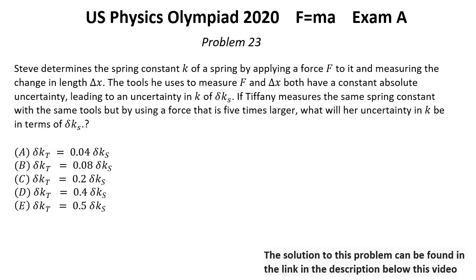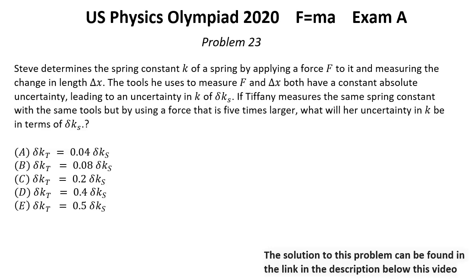Steve determines the spring constant K of a spring by applying a force F to it and measuring the change in the length dx. The tools he uses to measure F and dx both have a constant absolute uncertainty, leading to an uncertainty in K of delta Ks.